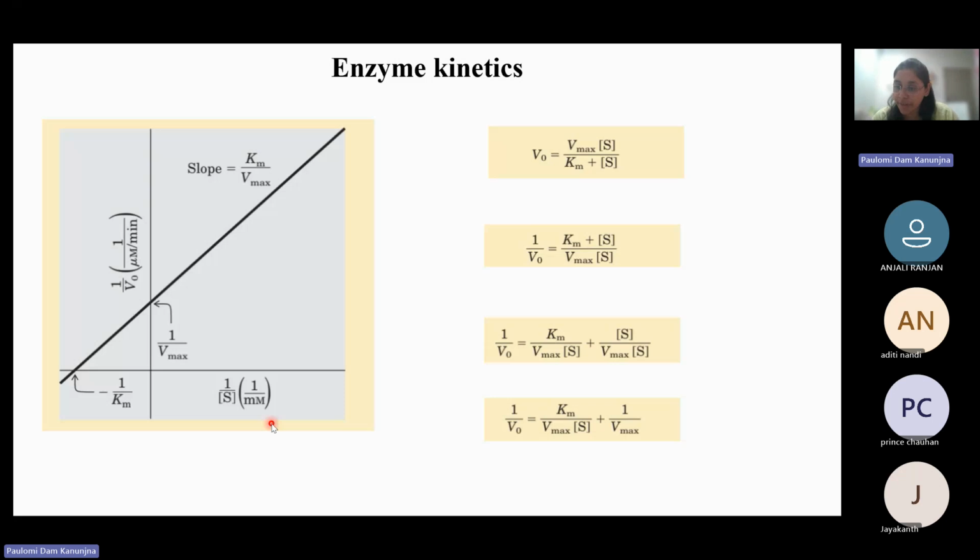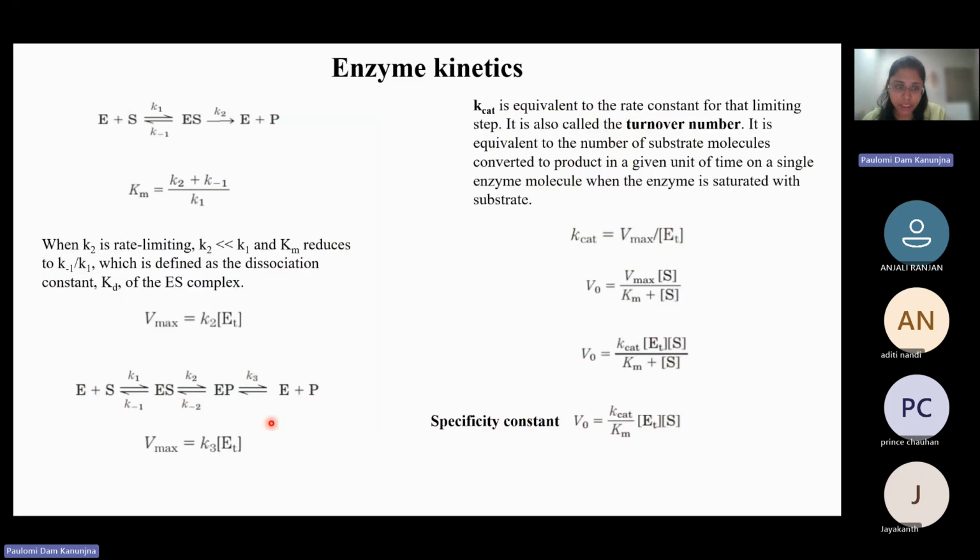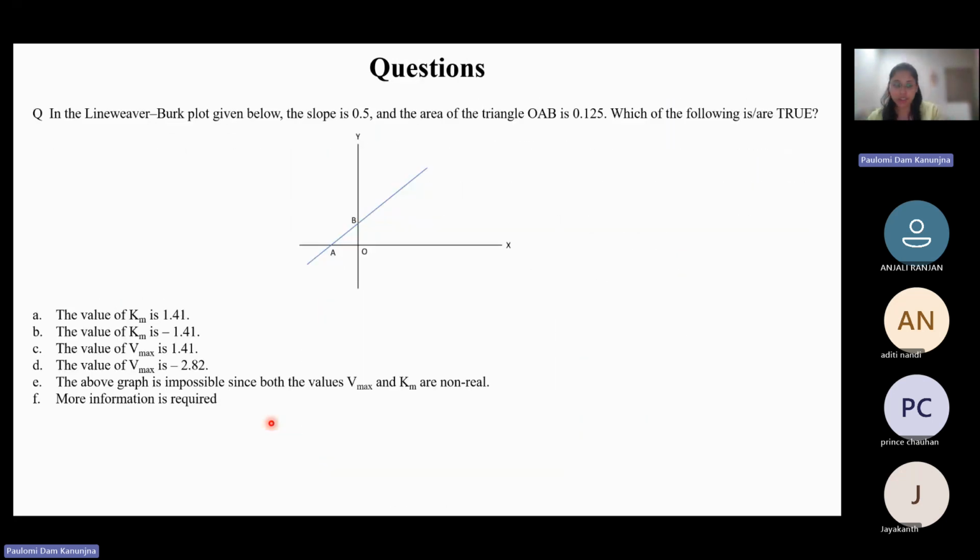So if Km is 1.41, what is your Vmax? 2.82, basically. Now that you have both Km and Vmax, can you give me the answer for this question? So what is the answer to this question then?